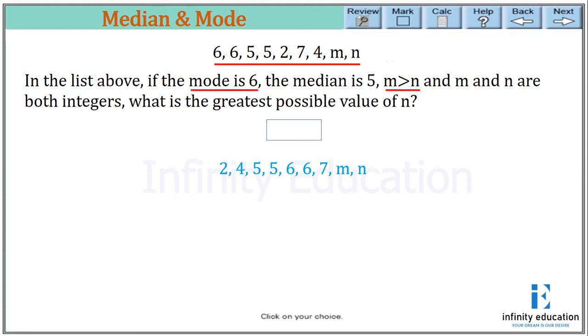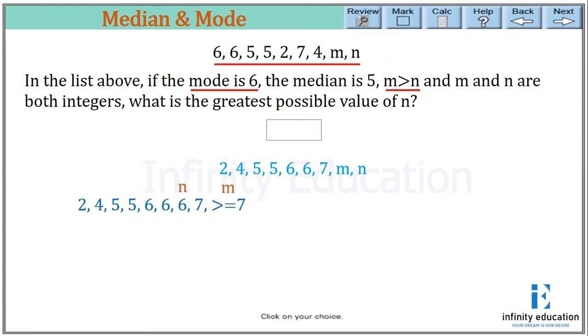Now, here they have given the information that the mode is 6. That means 6 should appear the maximum number of times, and M is greater than N. So here in the data set, we can see 5 is appearing twice and 6 is appearing twice. So for the mode to be 6, 6 should appear one more time, keeping the condition that M is greater than N. So I have taken one instance, N as 6.